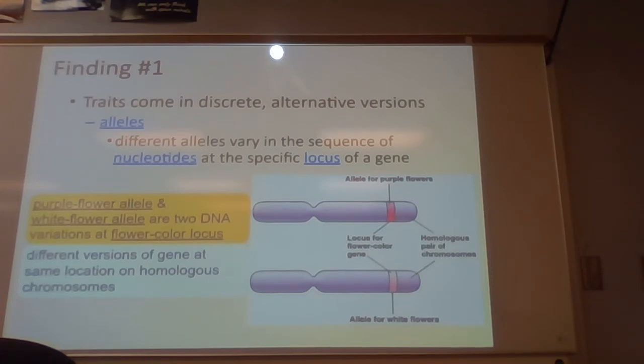So you could potentially have homologous chromosomes with both purple flower alleles, or you could have one with purple and one with white, or you could have two white alleles, right, on either chromosome.